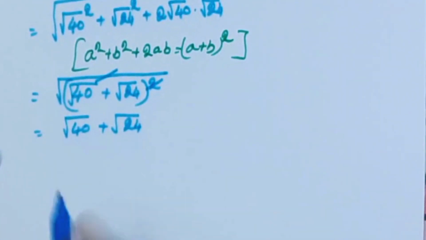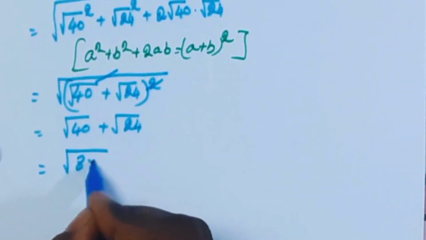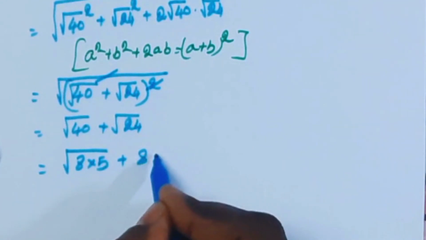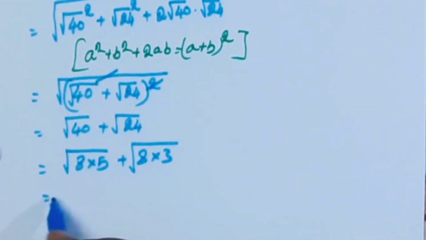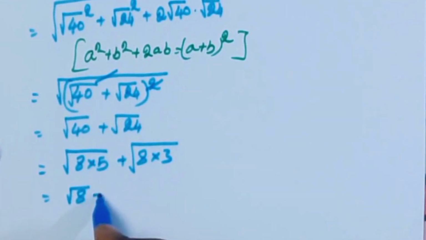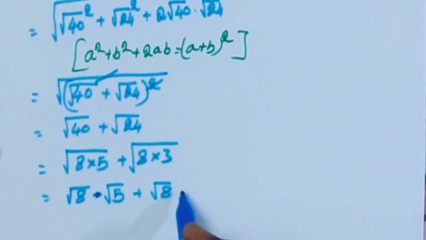Now this square root of 40 can be written as 8 times 5, plus this is also 8 times 3. Now according to the formula, square root of 8 times square root of 5 plus square root of 8 times square root of 3.